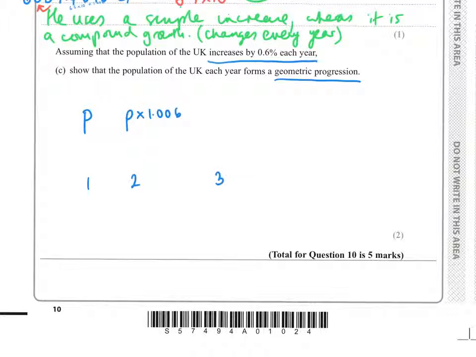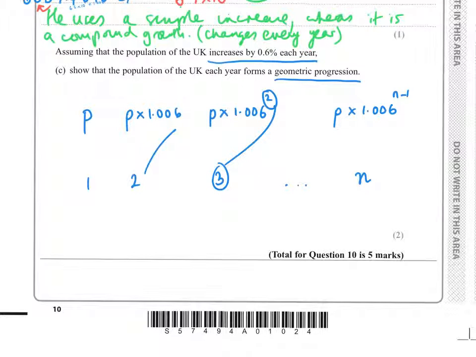In year 3 it would be p times 1.006 squared, and then by the time we get to the nth year it would be p times 1.006 to the n minus 1, because it's always one less for the term number.